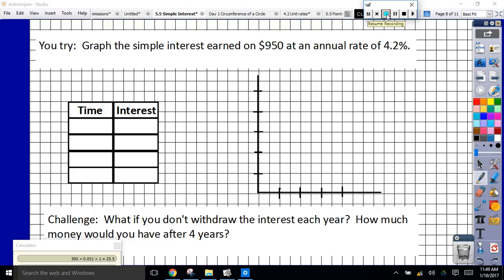Okay, so this table already tells us what we're going to do. We're going to put time on the left. We're going to put interest on the right. Madison, what numbers am I going to put in for time? Good. 1, 2, 3, and 4. How do I find what to put in for interest?